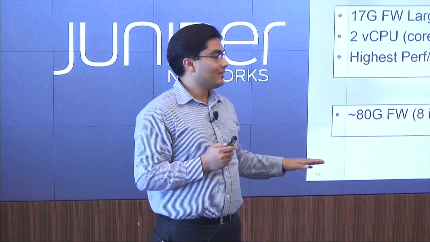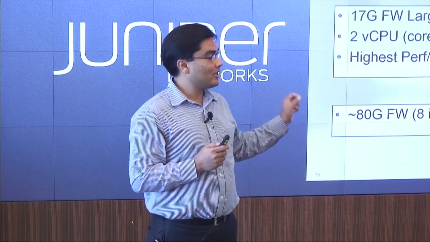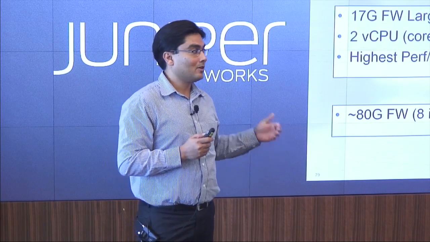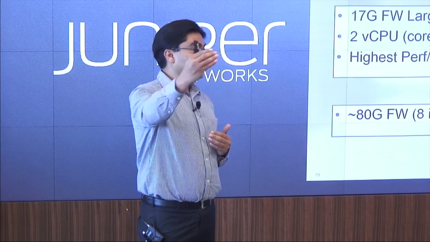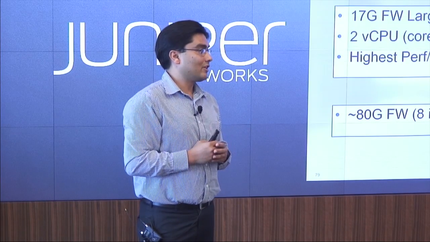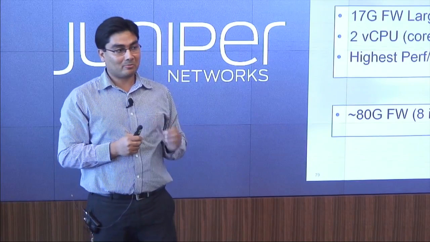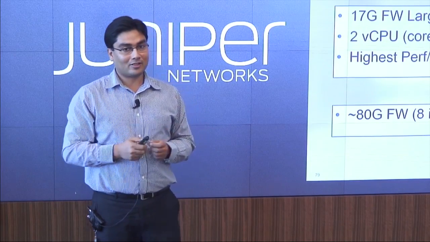The other thing is we have also demonstrated a density test. Using 8 instances on a single server, we have demonstrated an 80 gig firewall. So essentially, we can scale linearly as you add more instances of vSRX on a server. And this is pretty amazing. I don't think anybody else has demonstrated an 80 gig virtual firewall on a single server.